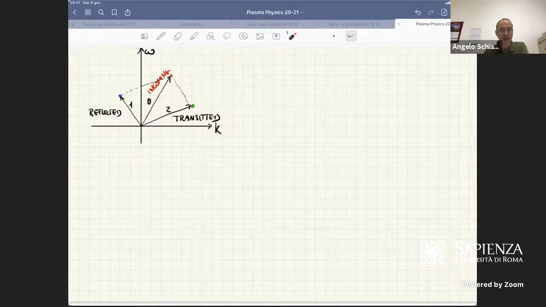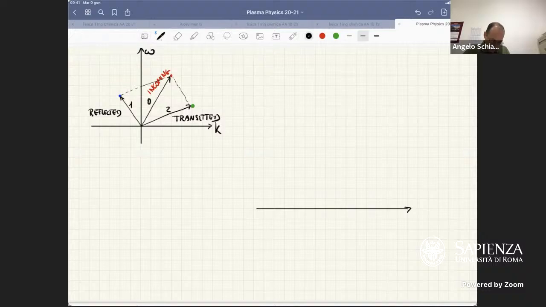So what dispersion relations can we mix? Let's suppose we have the three major relations that we discovered and studied. Let's draw this plot, which we are going to use quite a lot in the following. I'll do it once and then I'll copy it. Let's use red for the electromagnetic waves.